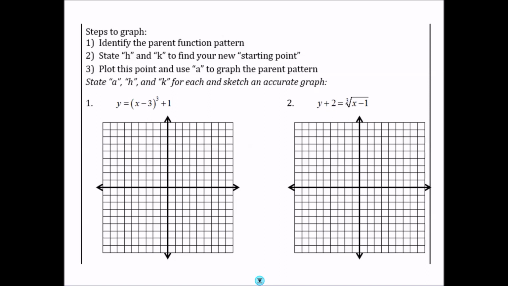So let's take a look at example 1. This is a cubic. And if we look here and list out the values of a, h, and k for this function, remember that a is the number in front of the parentheses. So since there's not a number written here, a is 1.